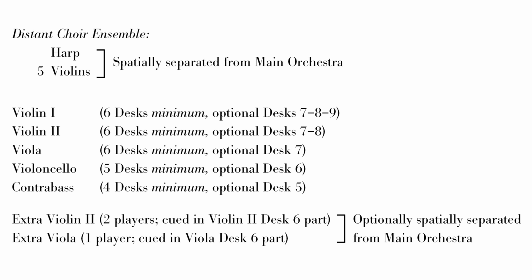And it's 6, 6, 6, 5, 4, meaning 6 desks of violin 1 and 2 and viola, 5 desks of cello, and 4 desks of bass. And there are optional desks, 7, 8, 9 for violin 1, 7 and 8 for violin 2, 7 for viola, 6 for cello, and 5 for bass.